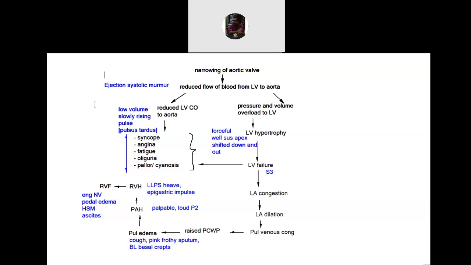Okay, next question. Forceful and ill-sustained apex is seen in. You can choose more than one option.